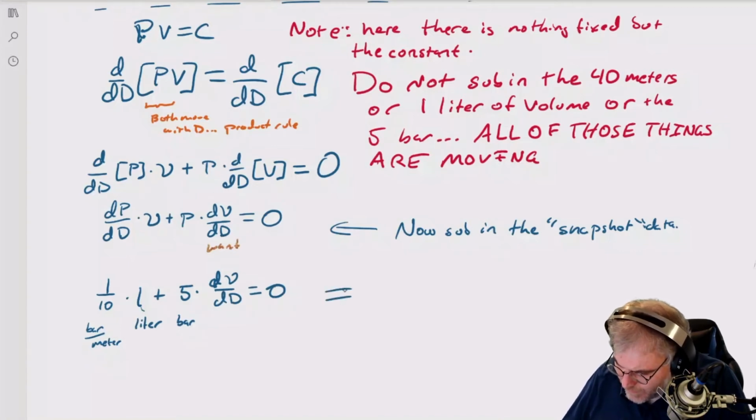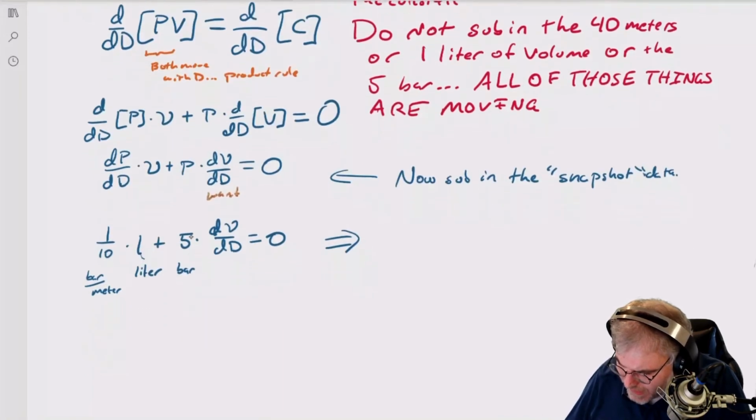Okay. So what I'm going to do is a little mathy here. I'm going to move all of this over to the other side, and I wind up with 5 bar times dV over dd equals negative 1 over 10, and this is liter bar per meter.